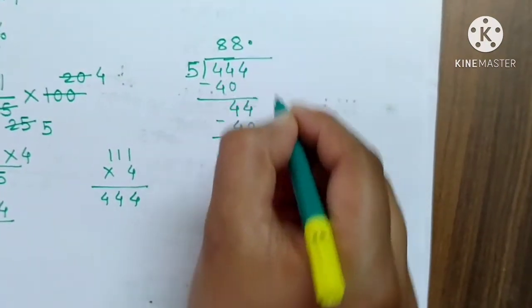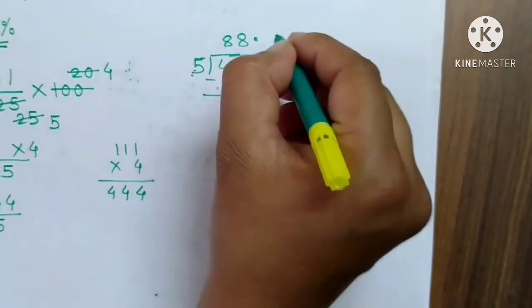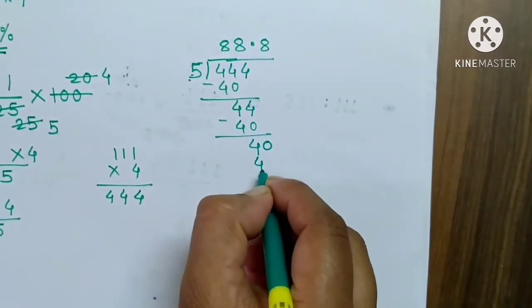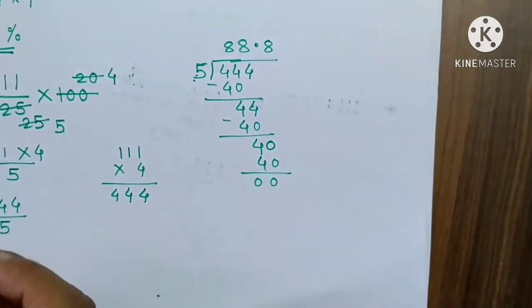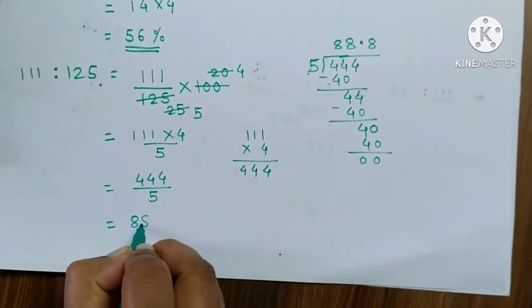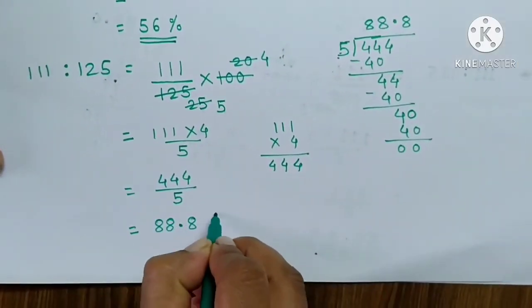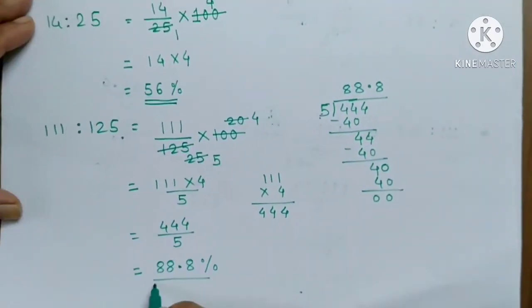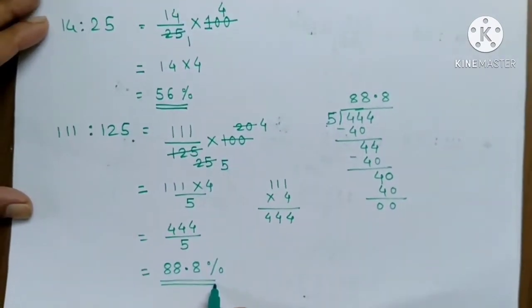Put the point, added 0. 5 8s are 40. Means our answer is 88.8%. This is the answer.